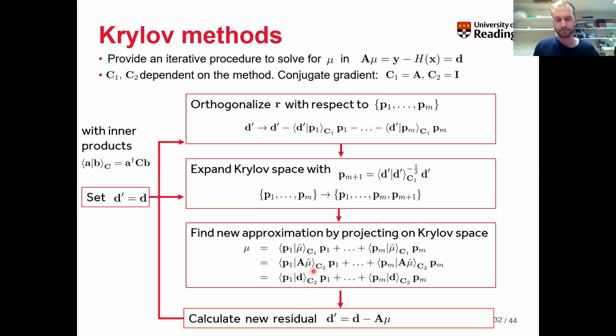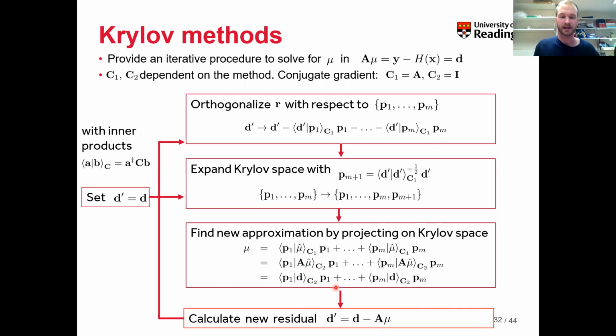However, by switching to another inner product, you can pull out your matrix A into the inner product, and then A applied to the true solution gives you the right-hand side of the system. So basically you're projecting the right-hand side of the system onto your Krylov basis vector, and that will give you an estimate for the solution to the system.